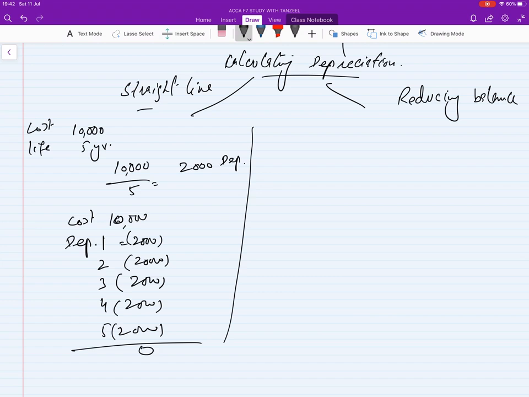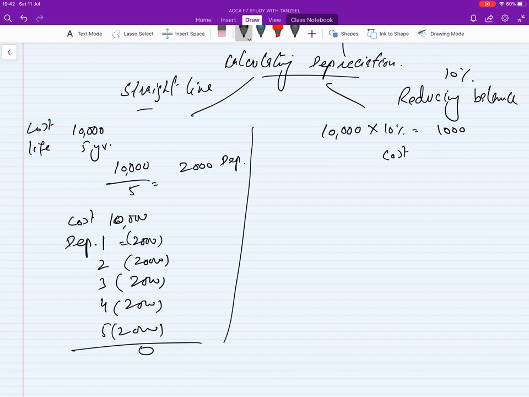And the reducing balance you can calculate like this: if I have a 100,000 asset and I expect 10% as per the reducing balance. Take 10,000, take 10% of this, which is 1,000.